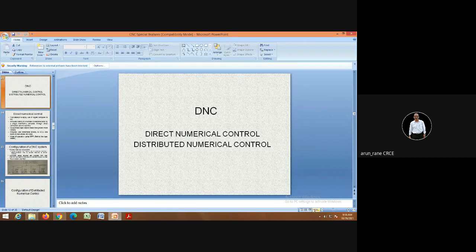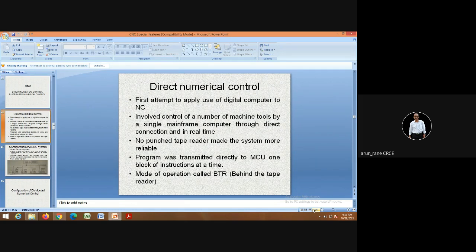Then DNC is a type of computerized numerical control. The full form of DNC, some say direct numerical control, some say distributed numerical control. Both are right.